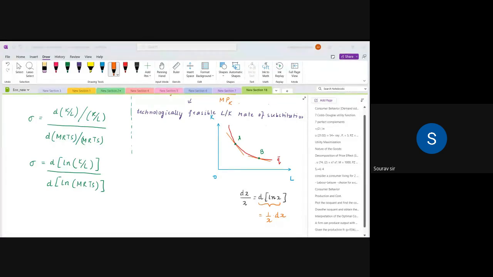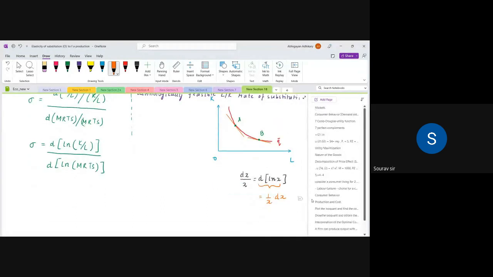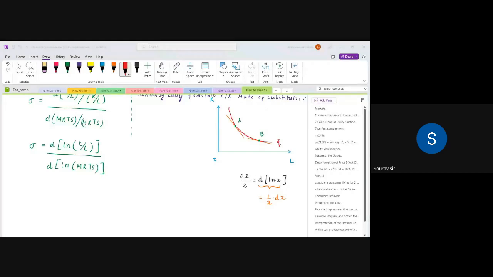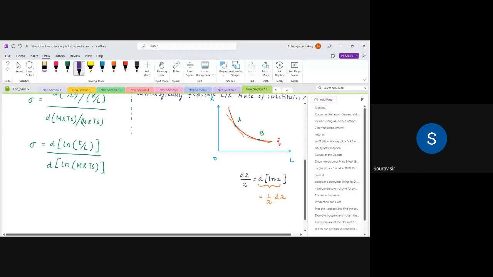So now, if this is understood by all of you, let us find the elasticity of substitution of some production functions. Let us take a simple one to start with.